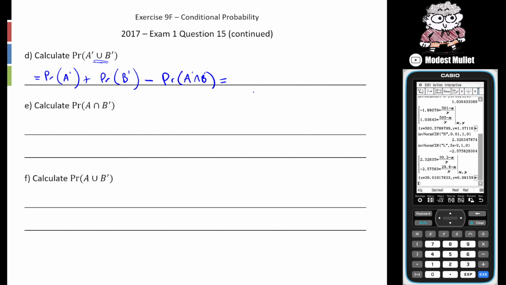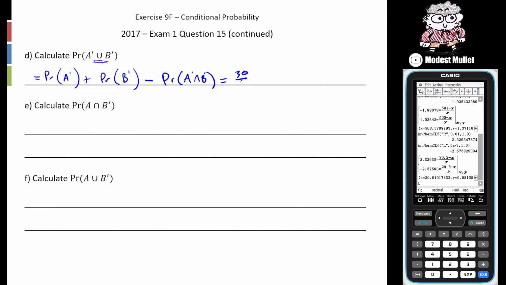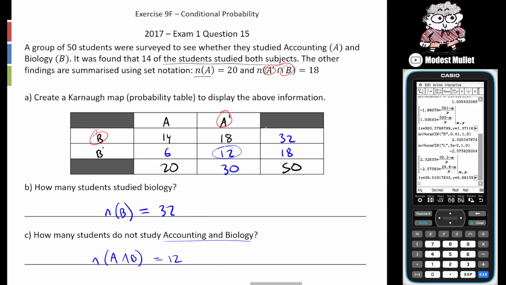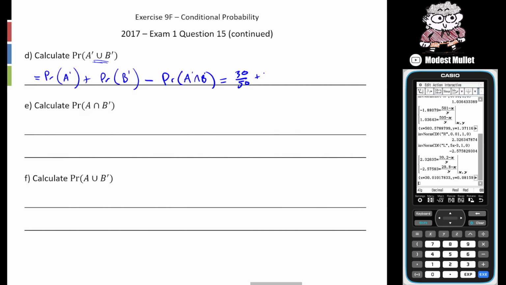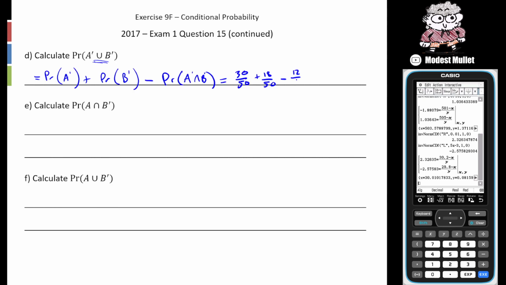Probability of A dash is 30 out of 50, plus probability of B dash is 18 out of 50, take away the intersection, A dash B dash, which is 12 out of 50. So 30 plus 18 is 48, take 12 is 36, so 36 out of 50. And again, you could simplify.